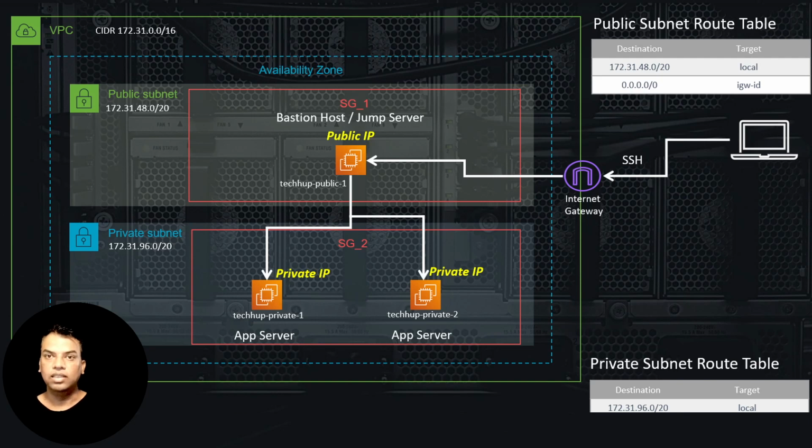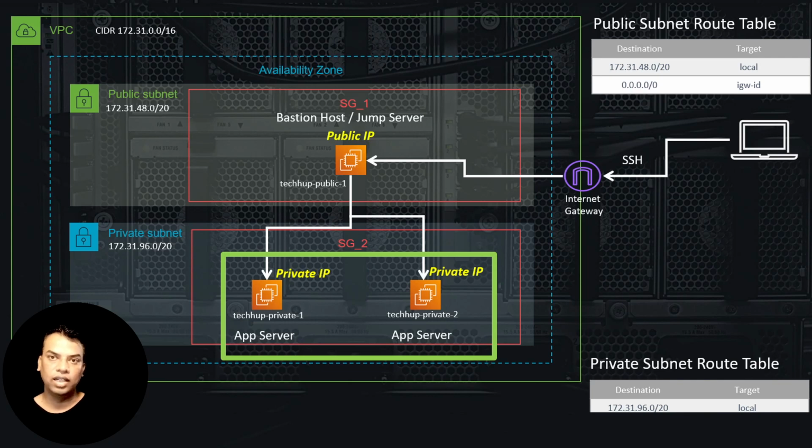Now, the challenge here is, in that case, how are you going to access these resources? Say, for example, your architecture guidelines for your application development say that you need a couple of app servers deployed in a private subnet, where you are going to deploy your application.